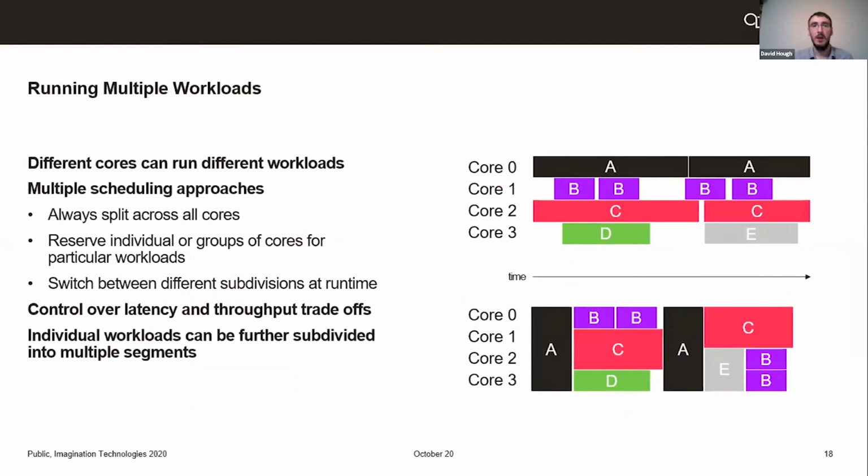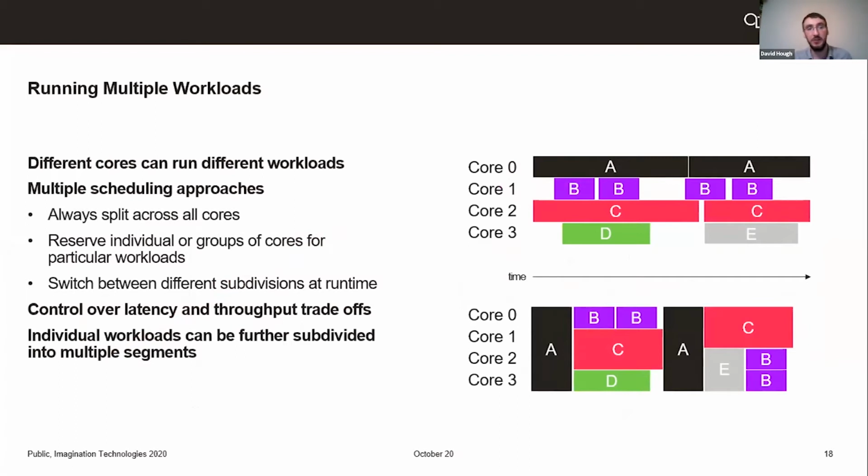Now, the multicore approach itself also has some other interesting benefits, particularly when it comes to handling multiple workloads, as we can now support different workloads on different cores running in parallel. That gives us multiple options for how to schedule that different work, potentially giving quite fine-grained control to whoever's using the system.